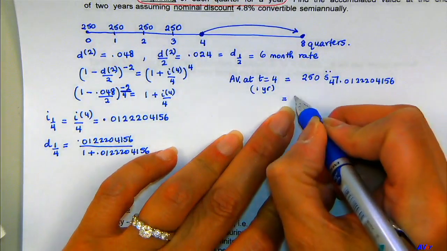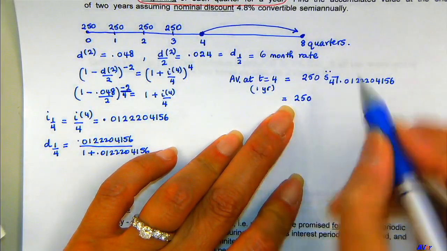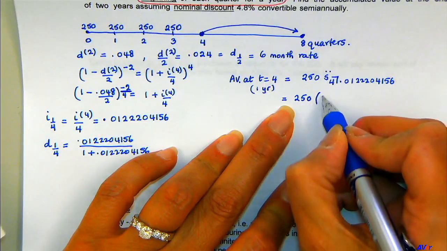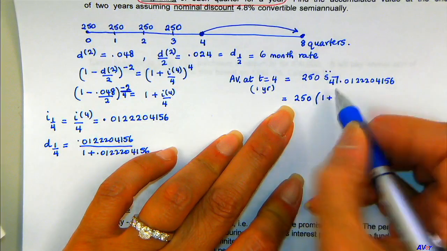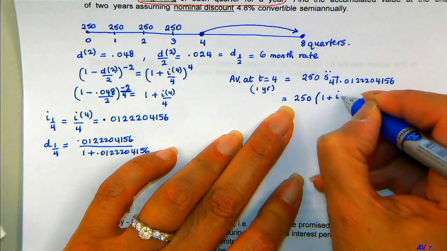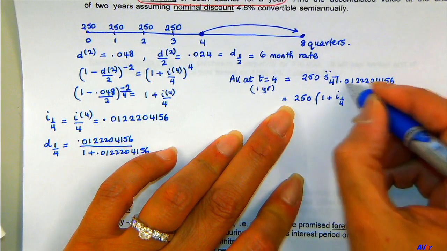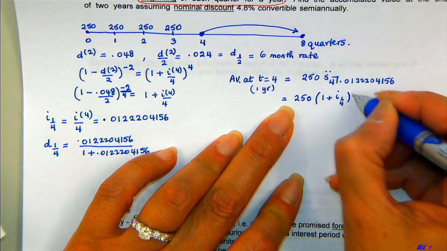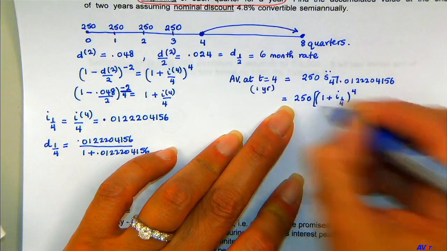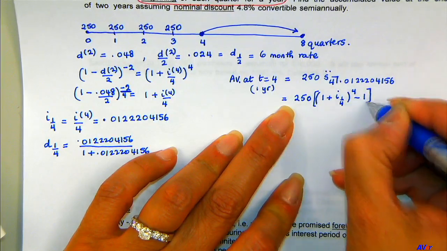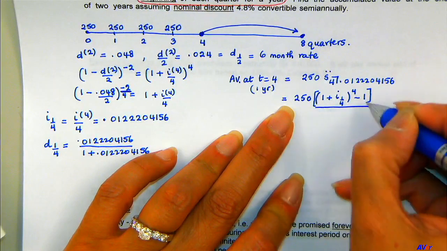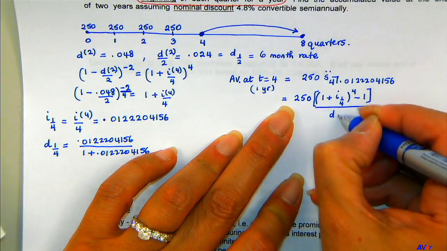So can I go like this? 250 times 1 plus i, which is this i, to the 4 minus 1 over d^(4).